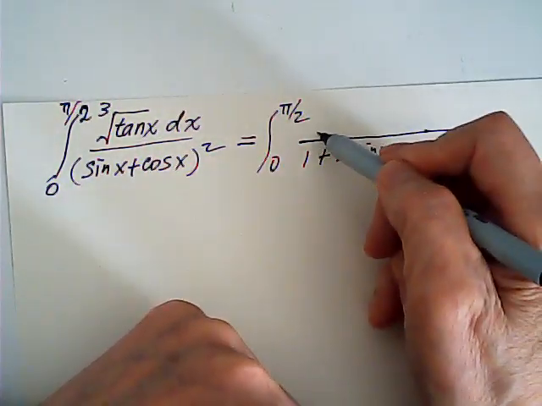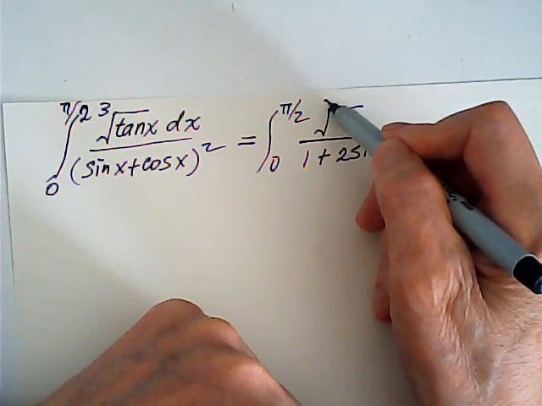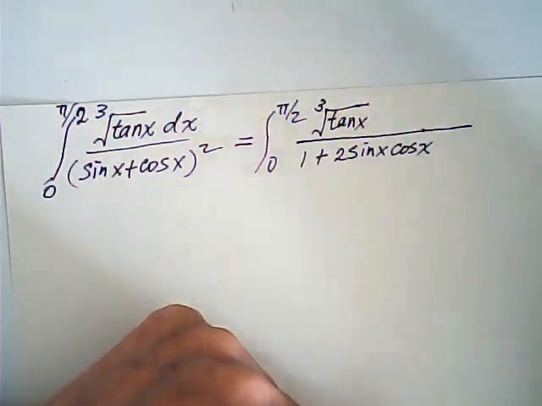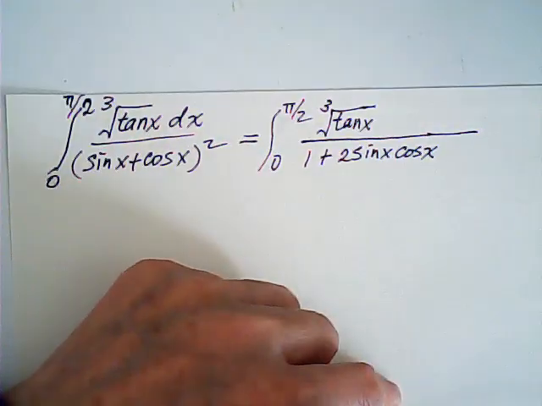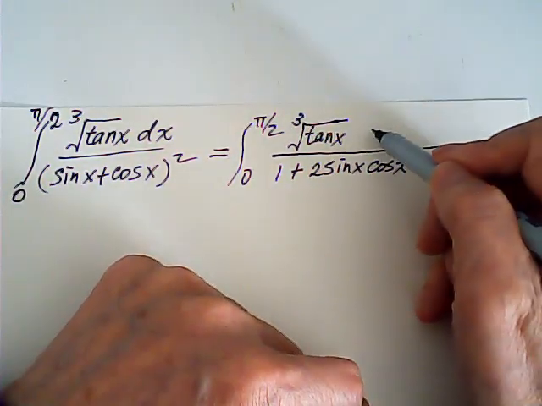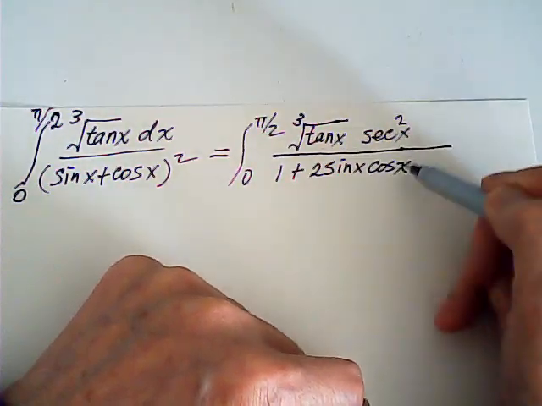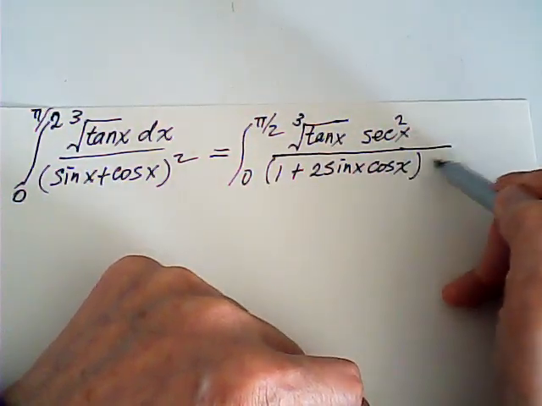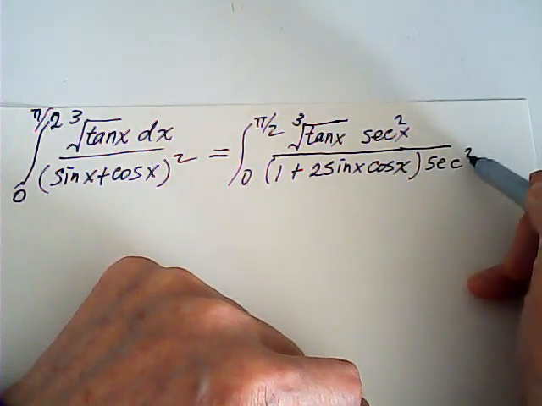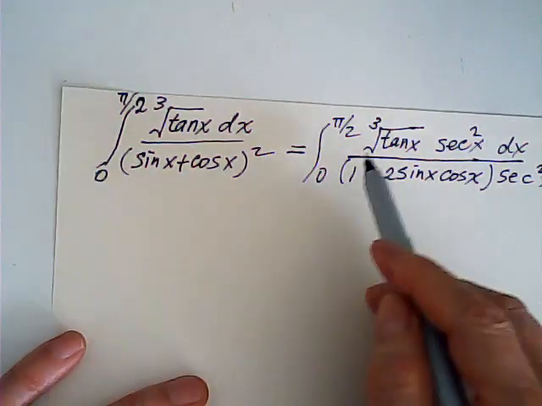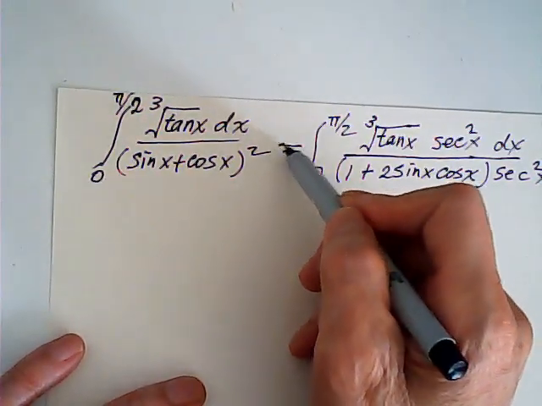On top is the cubic root of tangent x. Now here I multiply secant square both to the top and the bottom. Therefore, the equal sign is maintained.